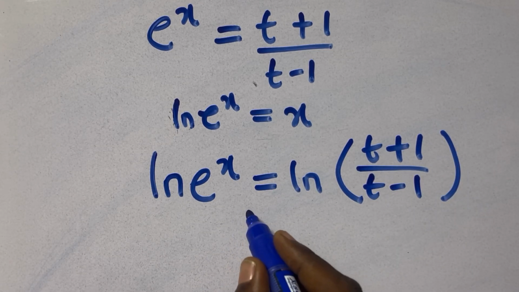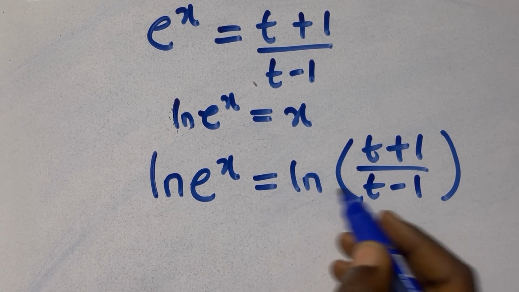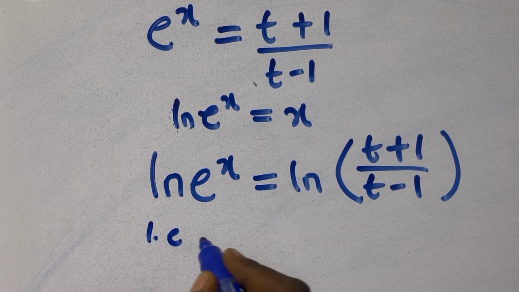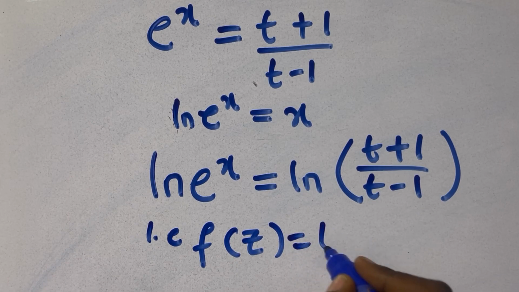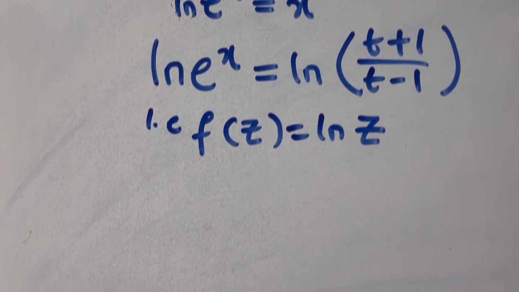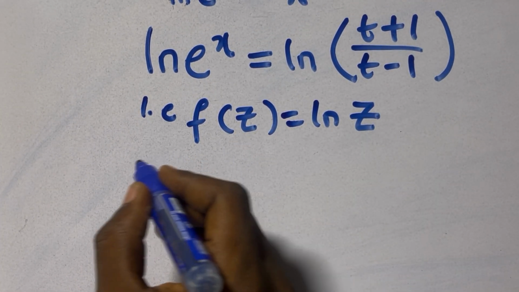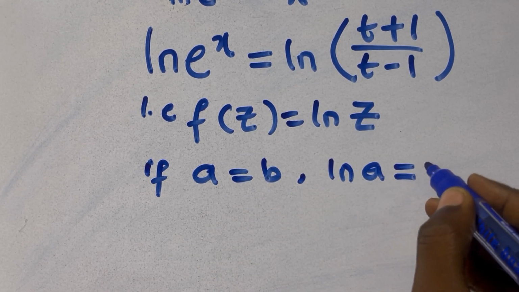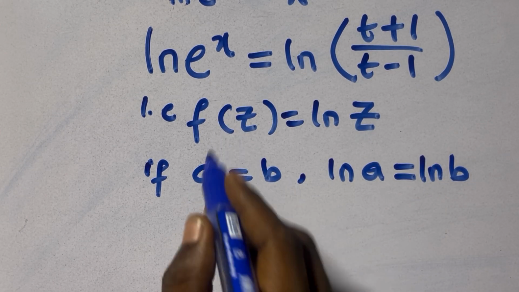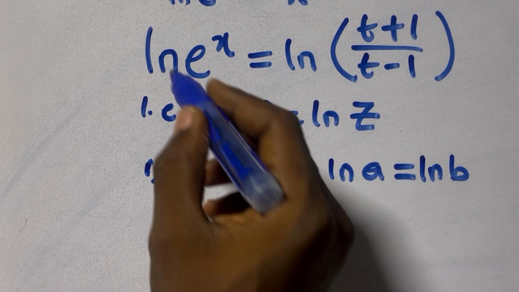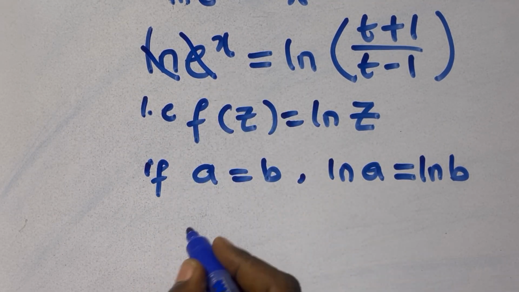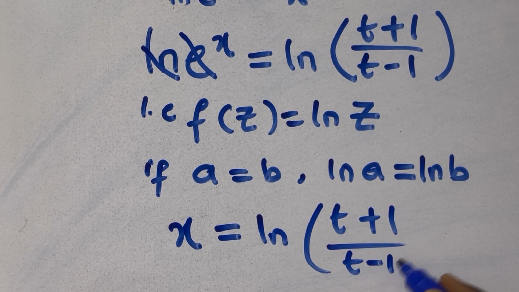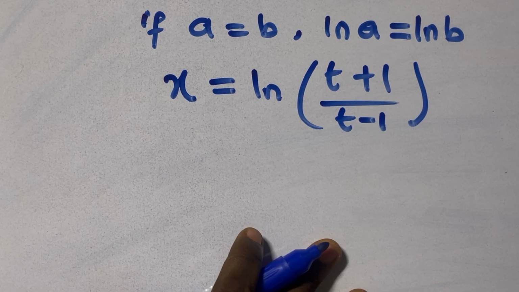You should know that a function of z, ln z, is such that if a equals b, then ln a equals ln b. So from the above expression, the ln will cancel the exponential, and we have x = ln((t + 1)/(t − 1)).